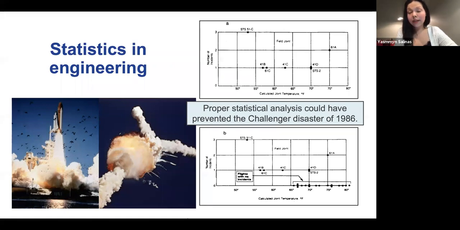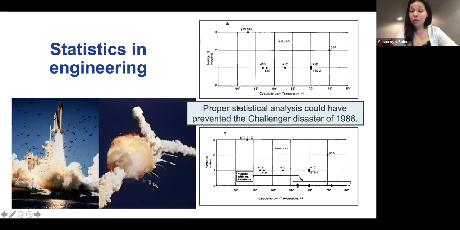This accident is thought to have happened because NASA decided to launch the shuttle in very cold weather. It was 29 degrees Fahrenheit, which is approximately -1 degree Celsius. They decided to make the launch without carefully analyzing performance data at low temperatures.